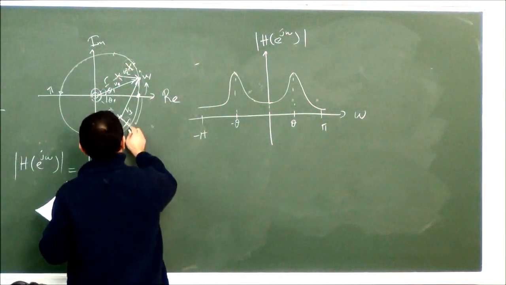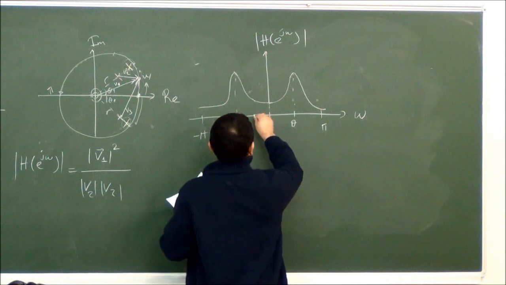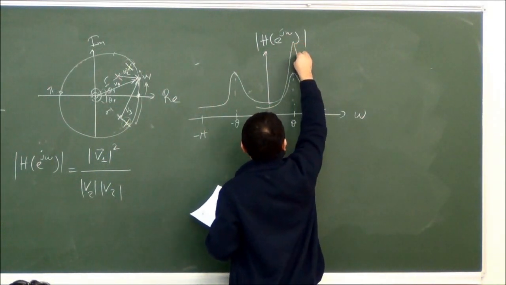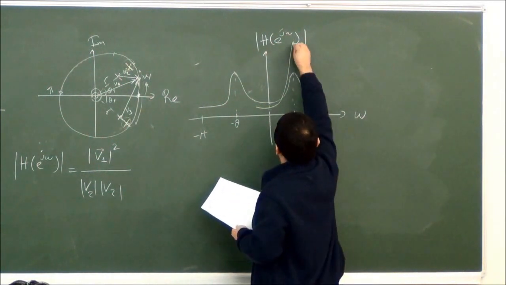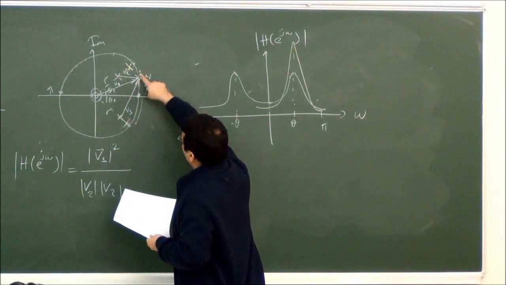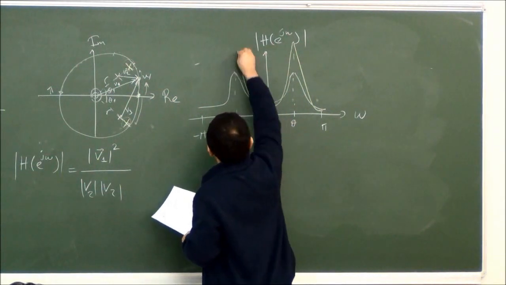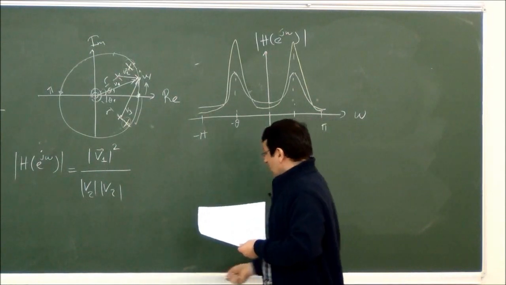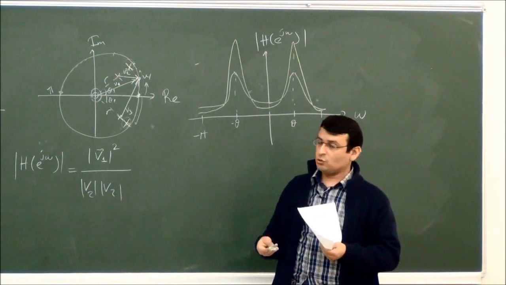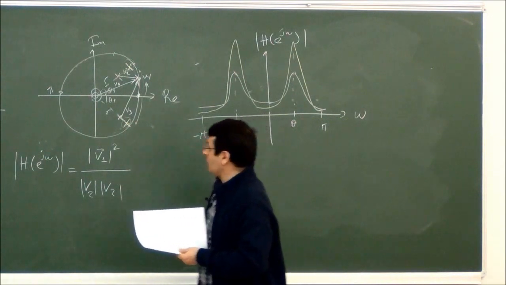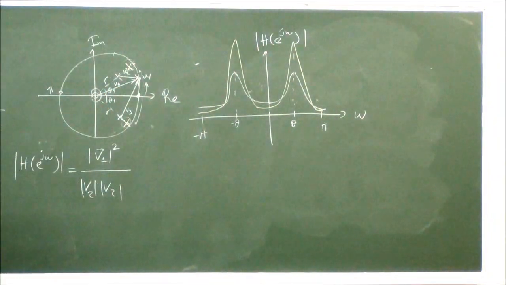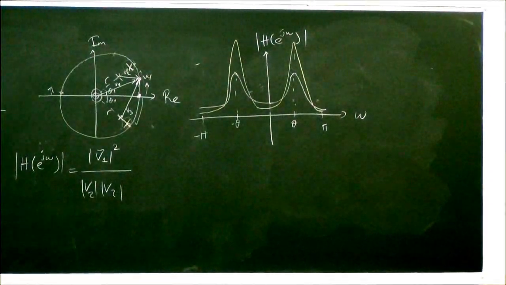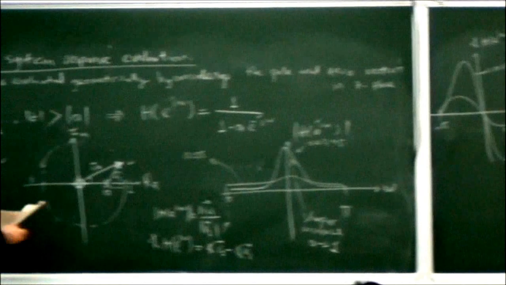In this case they are closer to the unit circle, and your Fourier transform will take this form. I advise you to look at the Java applets on the website and change the positions of zeros and poles and see how the Fourier transform changes.